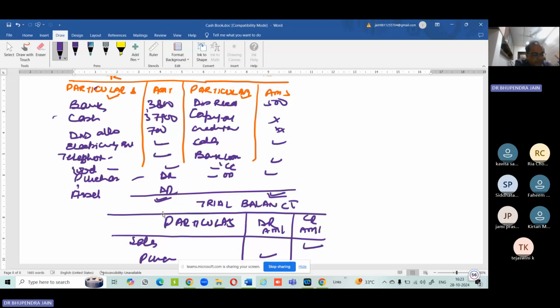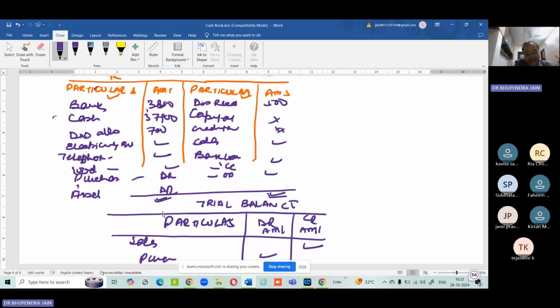So what is the trial balance? After preparation of ledger, we transfer all the closing balances onto one paper. So this is called the trial balance. Now we make the total of the debit side and credit side of the trial balance. In the examination, you can use only a simple calculator. You cannot use a mobile to make the total.